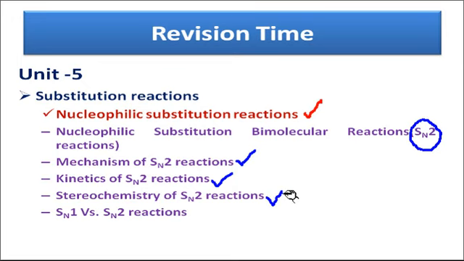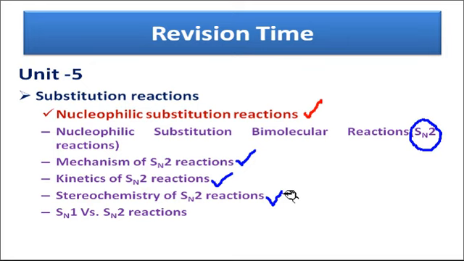Three important points we must remember for the SN2 reactions. First, these reactions are completed in one step with the formation of a pentavalent transition state. Second, these are second order reactions. The rate of reaction depends on the substrate molecule as well as the nucleophile concentration.